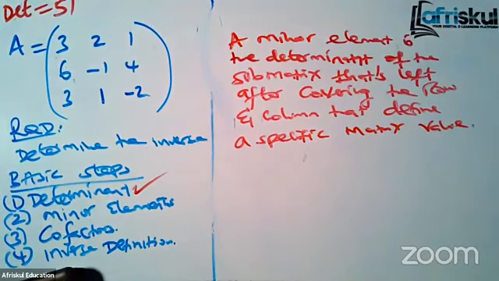Now, because here we have got 9 values, we are going to have 9 minor elements.